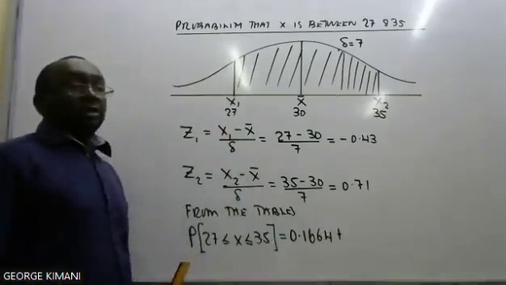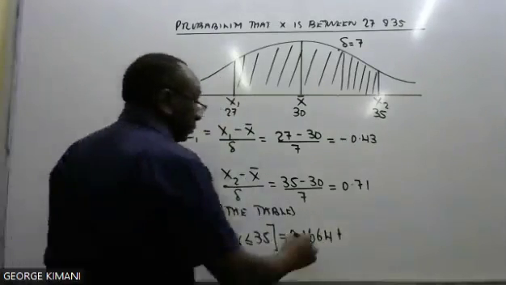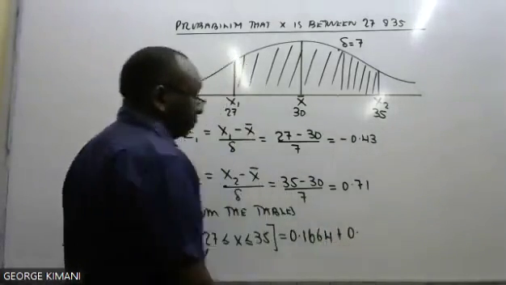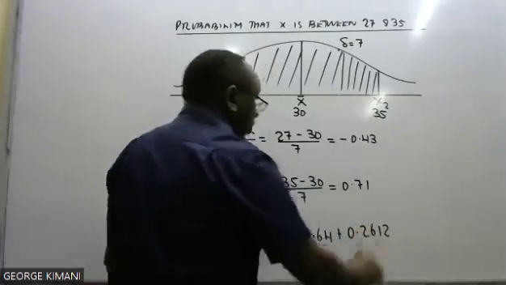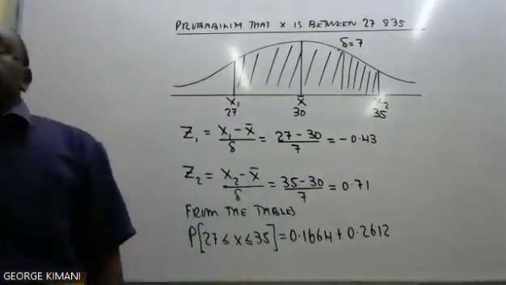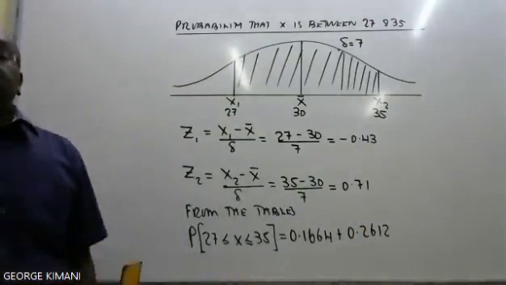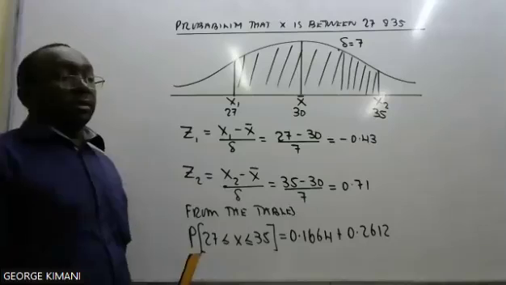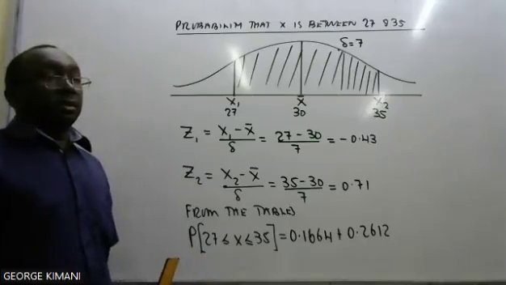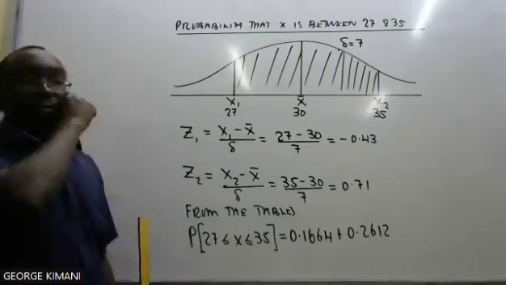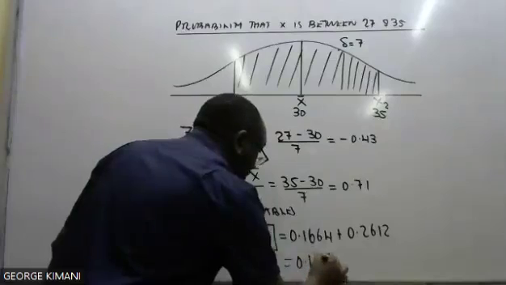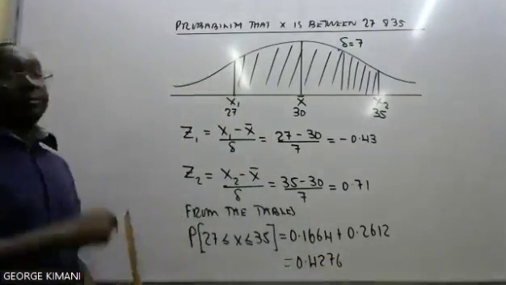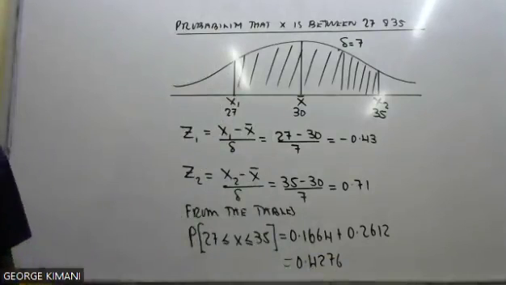Haya, tuende unisomee hiyo ya 0.71. 0.2612. So the answer is 0.4276. Good. Huyo mwingine?